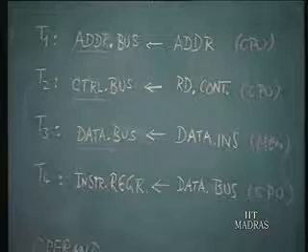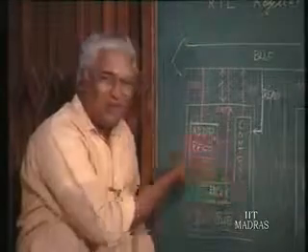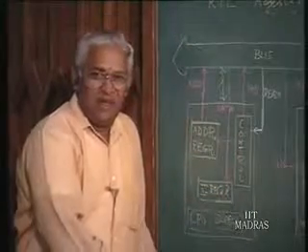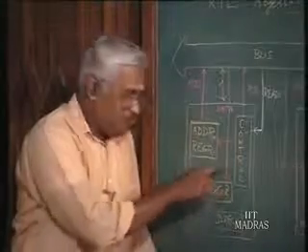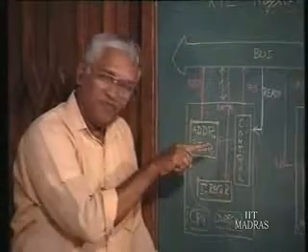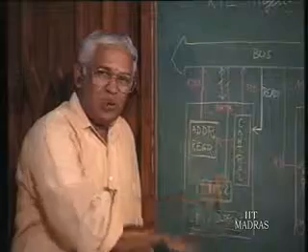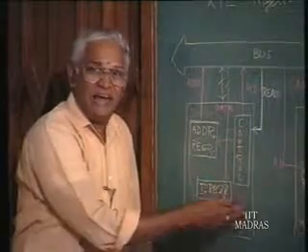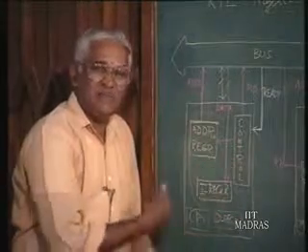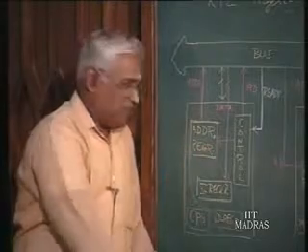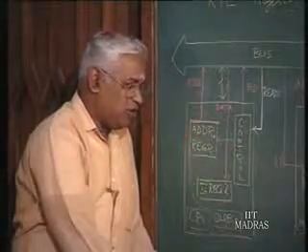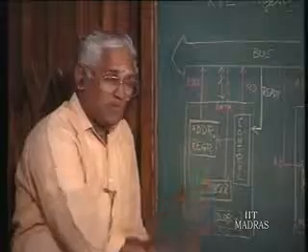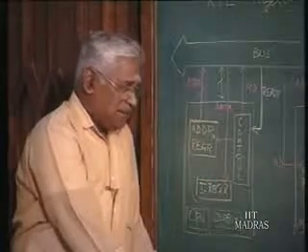Agreed? In which case this becomes a micro programmed controller. At that level, from the general purpose processor user point of view, he will not be able to alter it. Otherwise, if he can, he is going to alter the character of the CPU itself. Good. So we will talk about this micro program controller and the micro program itself in subsequent lectures.